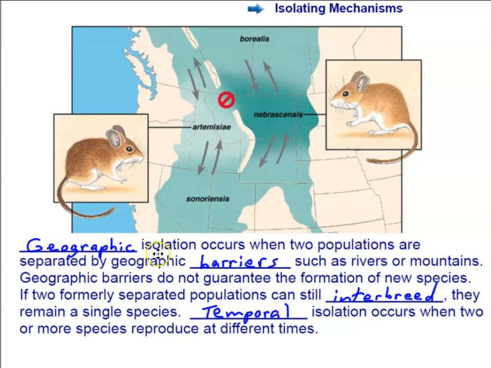Geographic isolation is an example of what we call allopatric speciation. Allopatric means other country, which is a situation where a species will be split into two populations by a geographical barrier. So it might be a mountain range, it might be a river, it might be a lake.